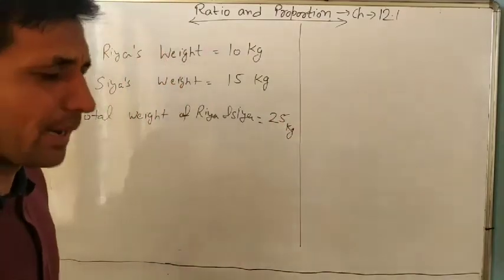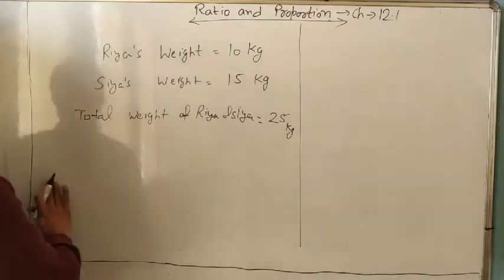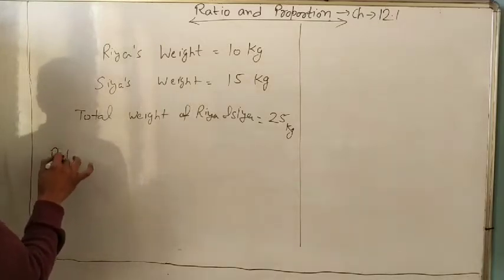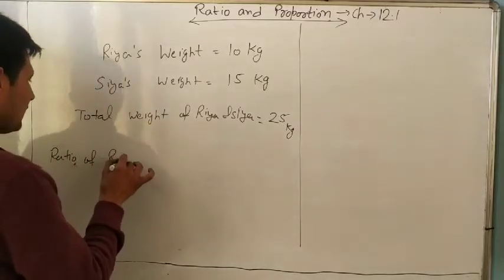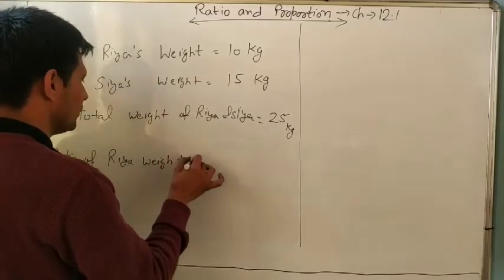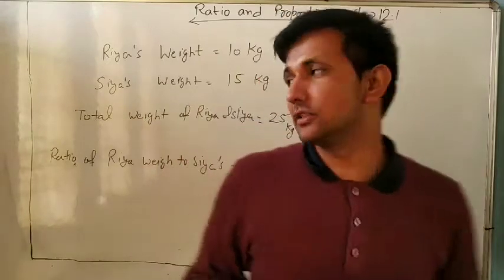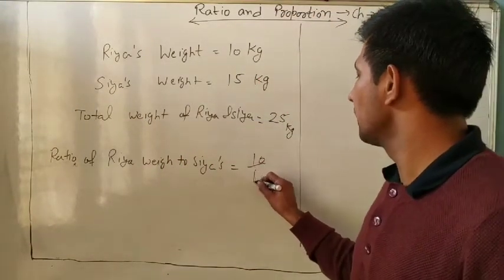But if in the question the ratio of Riya's weight to Sia's weight is asked, what is the ratio? The ratio is 10 to 15.